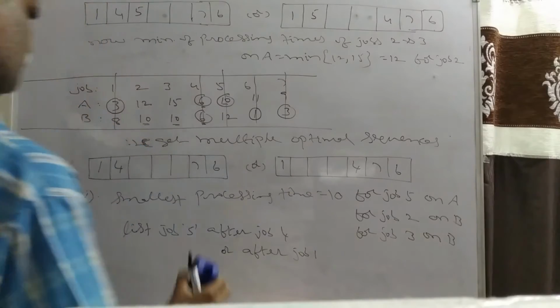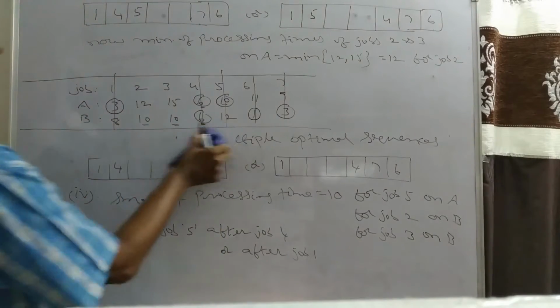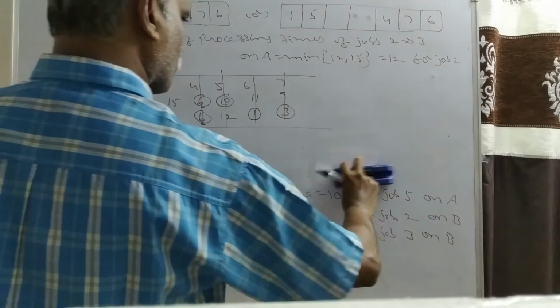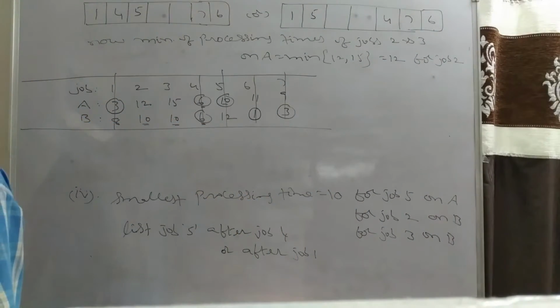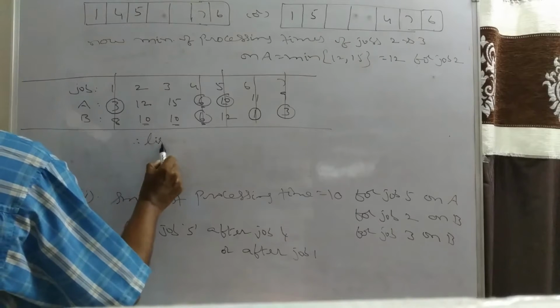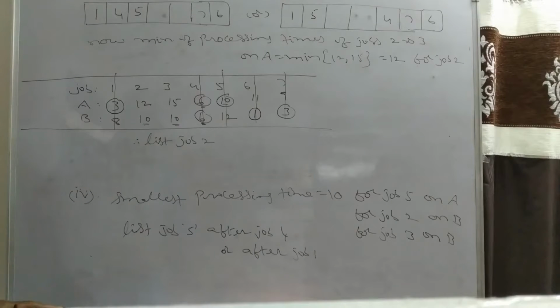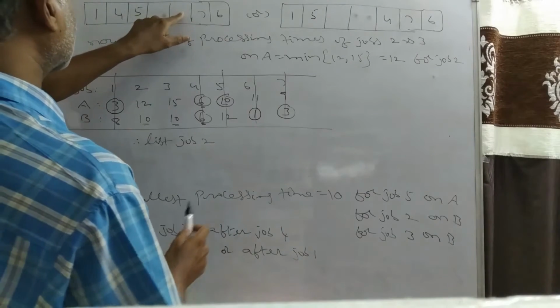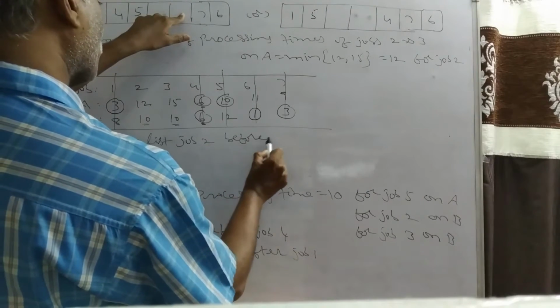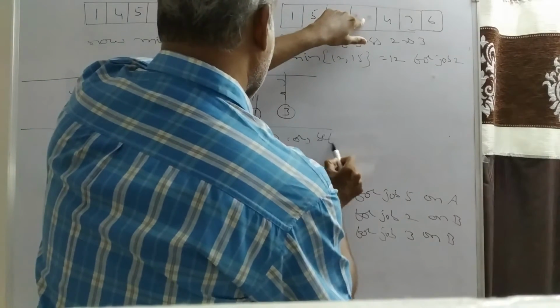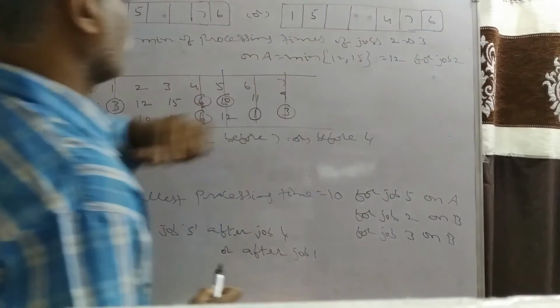So therefore, list job 2. Since the processing time occurs on machine B, I have to place it in the last position. So list job 2 in the last position of the sequence, that is before 7 or before 4.